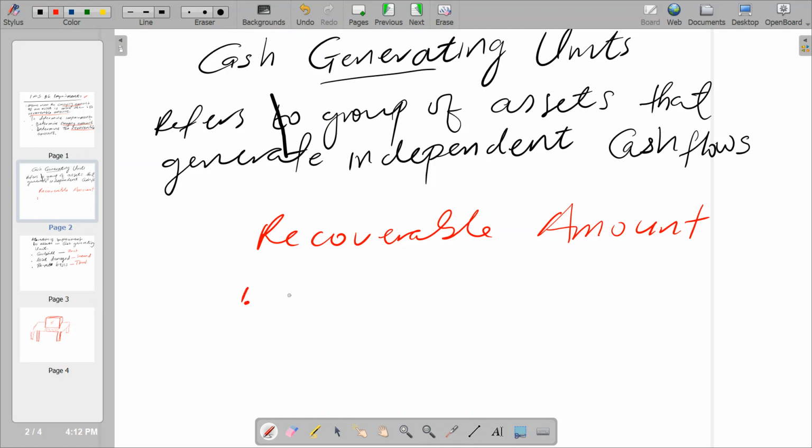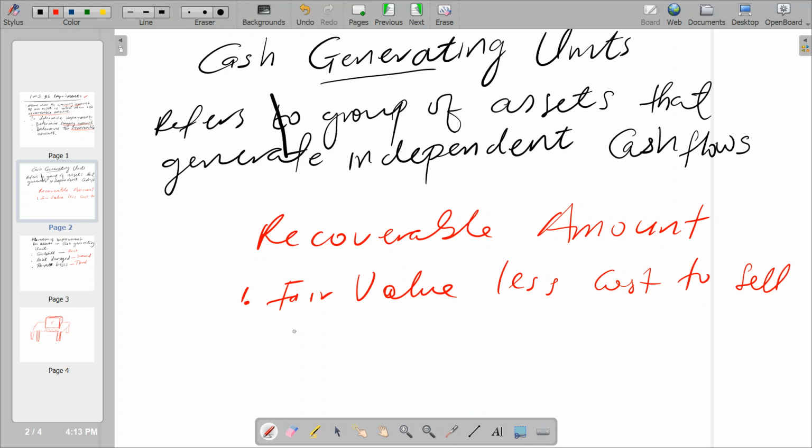One is the fair value less cost to sell, and the second one is the value in use. These make up the recoverable amount, but we pick the higher. So once you get this and you get this, then you choose the higher, which will become our recoverable amount. Okay, so that's what we learned last week.